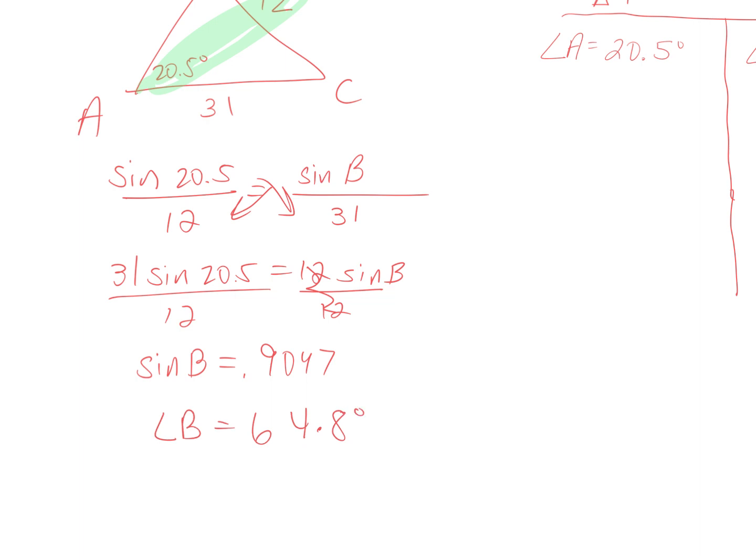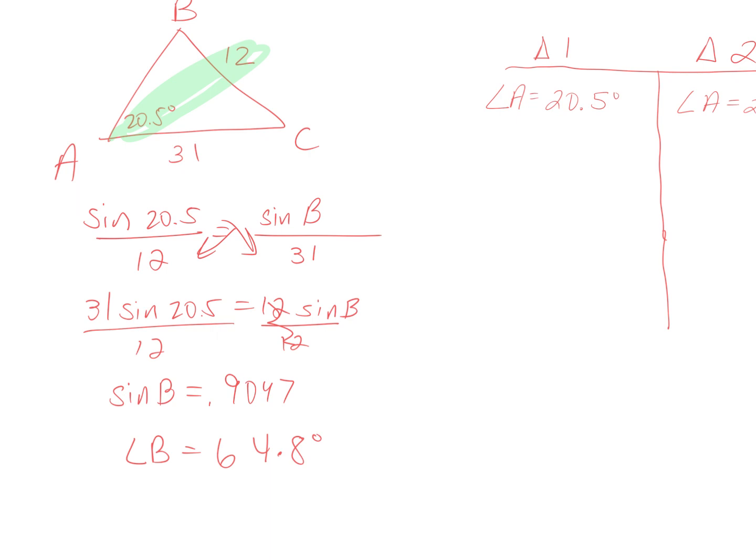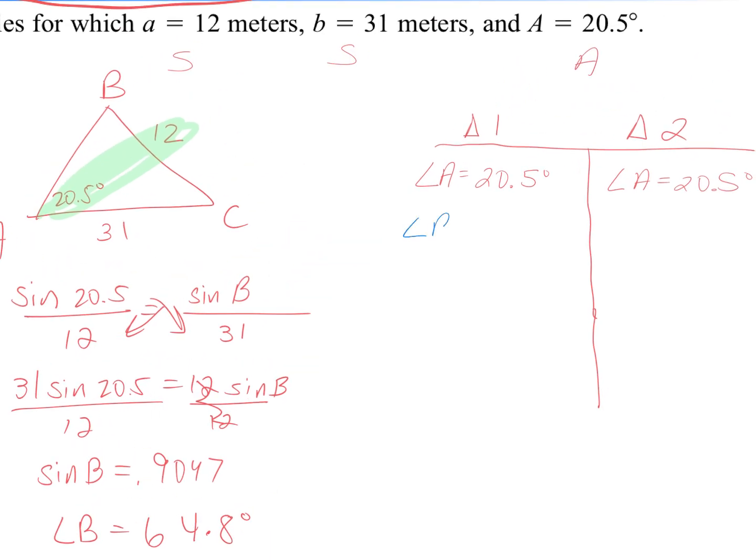You guys with me? So I'm going to write down, okay, angle B is 64.8 degrees. Now, to finish solving triangle 1, how would you figure out what angle C was?